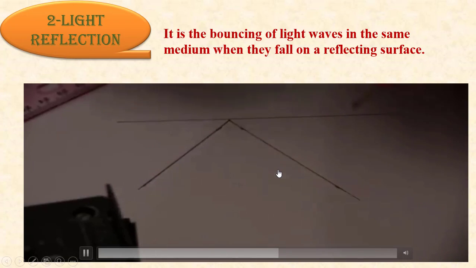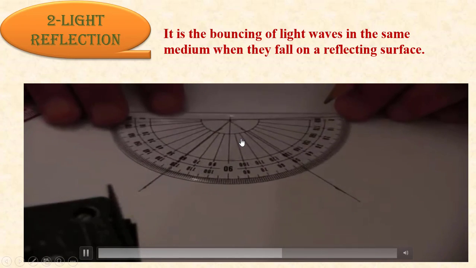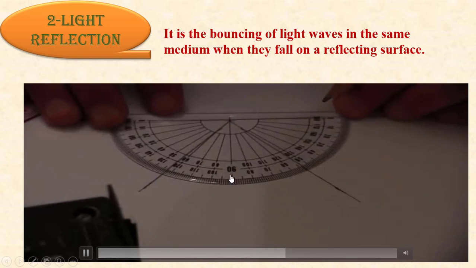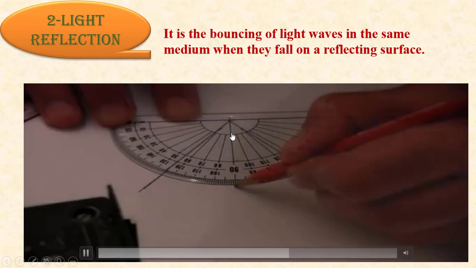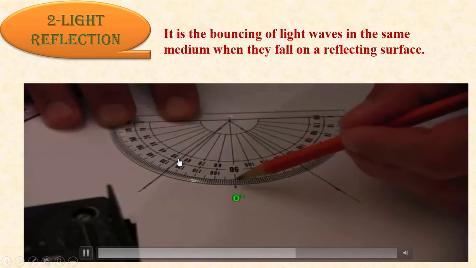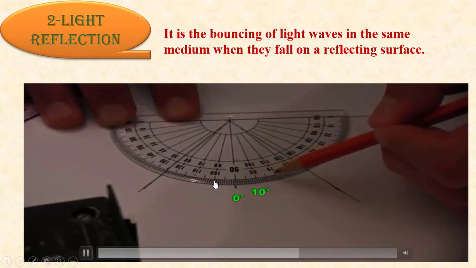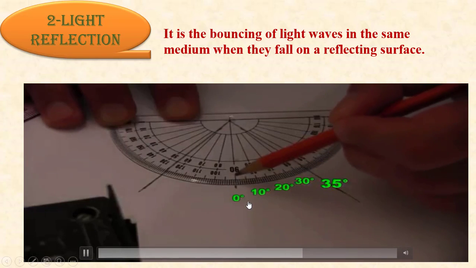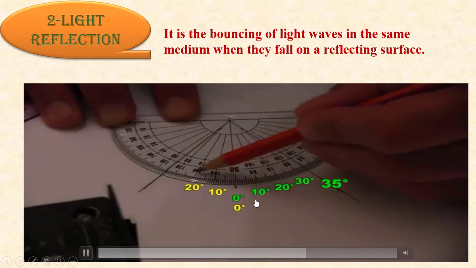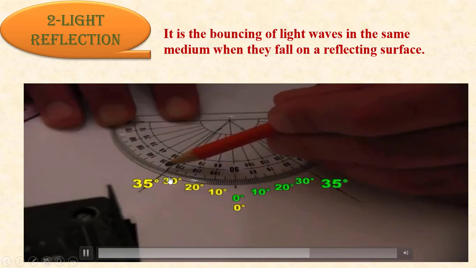You can now measure the angle of incidence and the angle of reflection with a protractor, which is best placed like this. The line marked 90 degrees on the protractor will be your 0 degrees. So in this case, the angle of reflection is 35 degrees, and the angle of incidence is also 35 degrees.